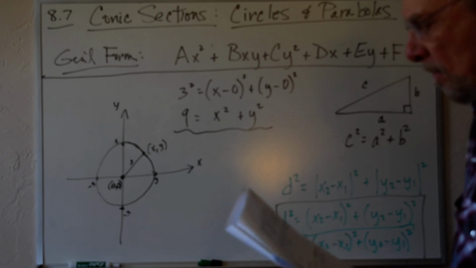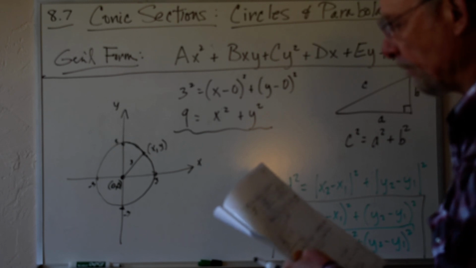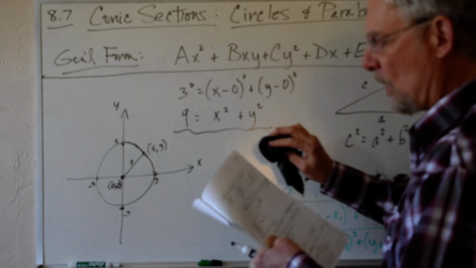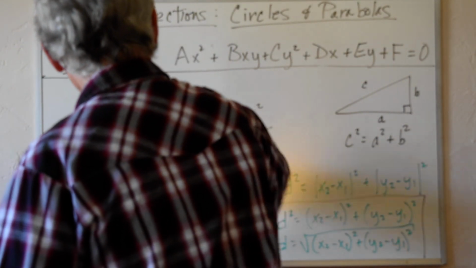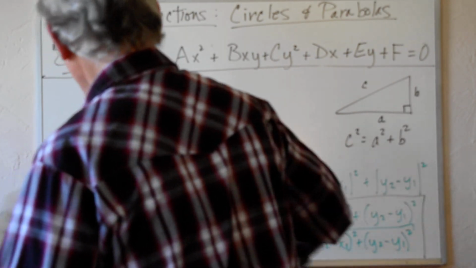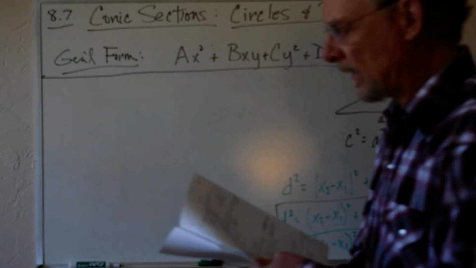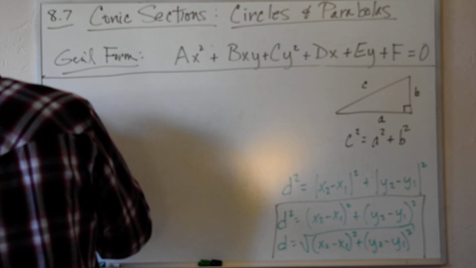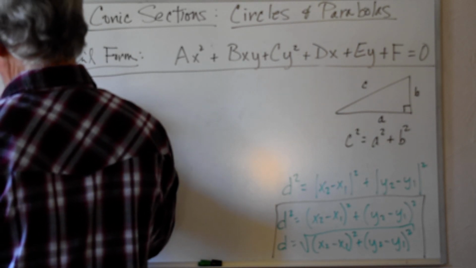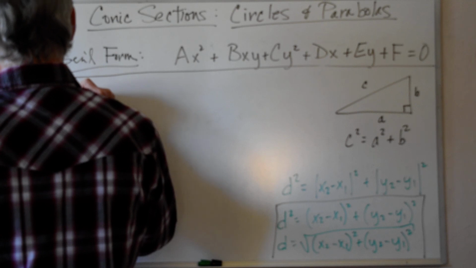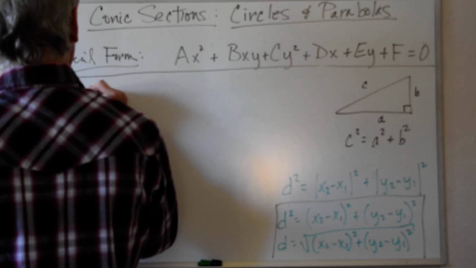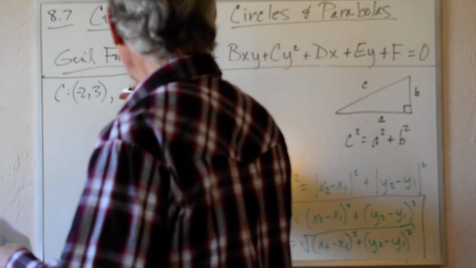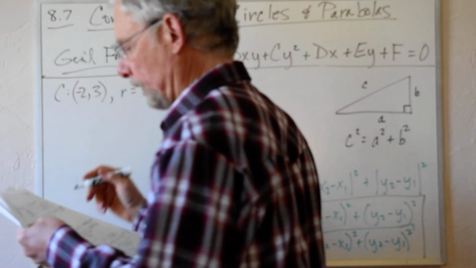That's pretty good, but what you'd really like to do is talk about the circle that has center anywhere in the plane. So, let's look at figure 8.30 on page 643. Suppose we think about the circle whose center is at -2, 3, and this circle has radius 4.